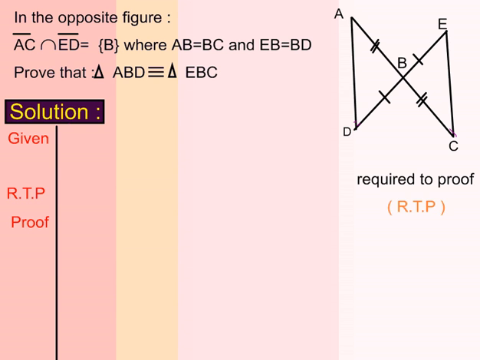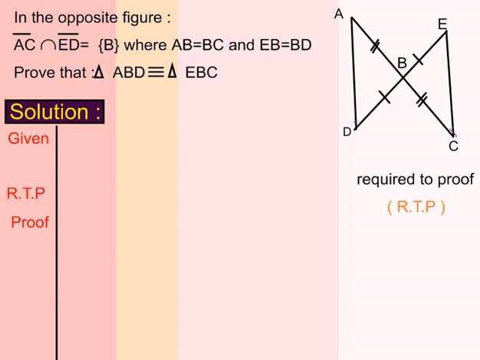We took 4 cases for the congruence of triangles. The first case is if two sides and the included angle of one triangle are congruent to the corresponding parts of the other triangle. In this case, we can say the 2 triangles are congruent. The second case, if the three sides of one triangle are congruent to the corresponding parts of the other triangle.